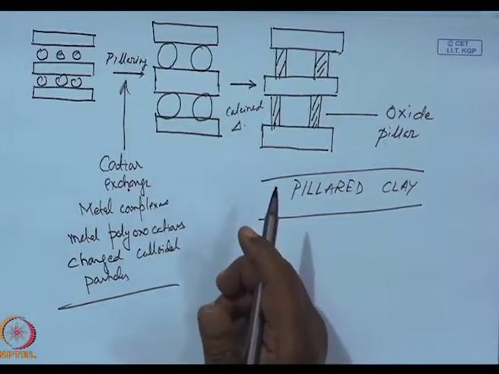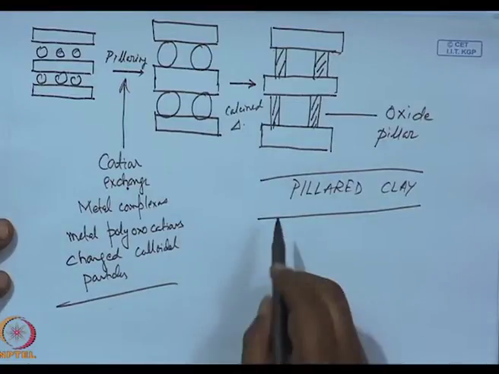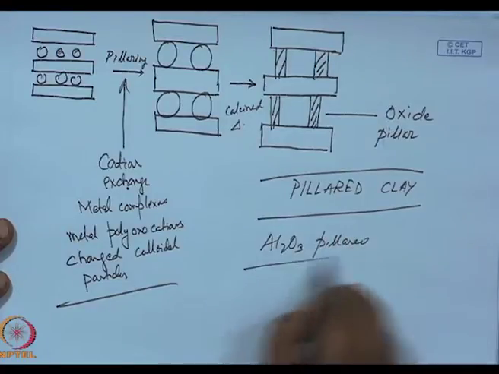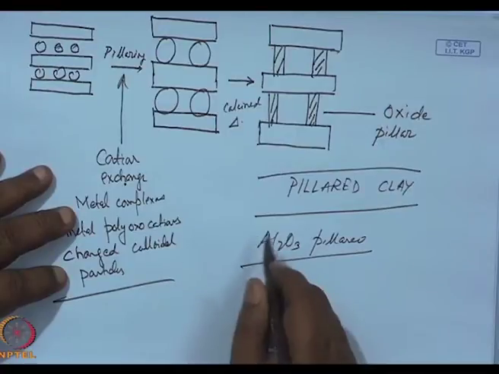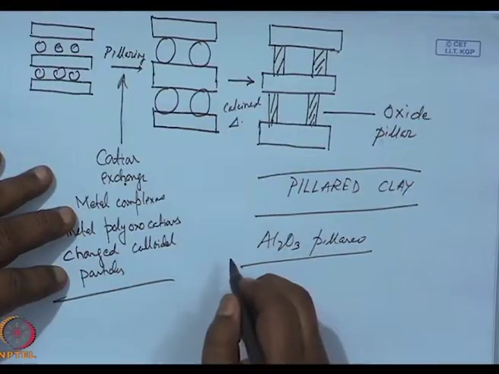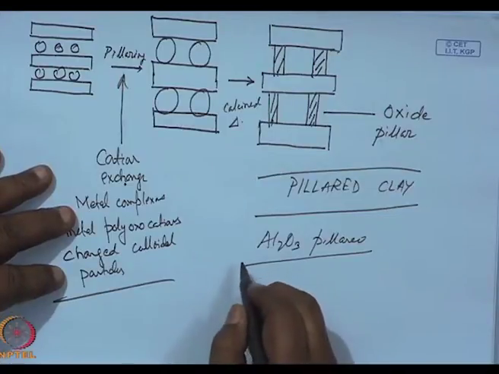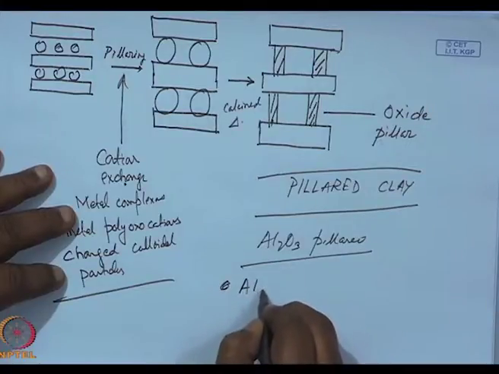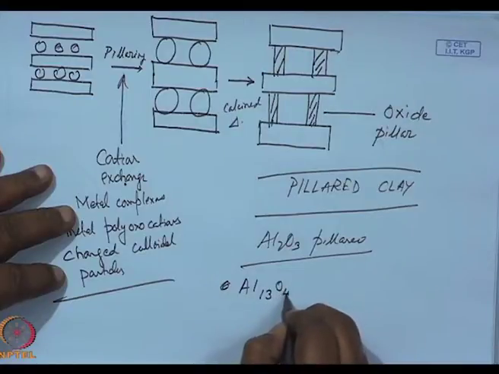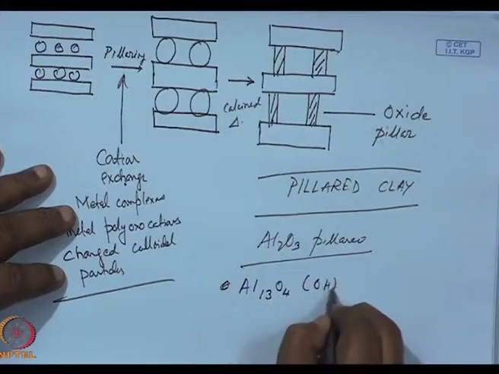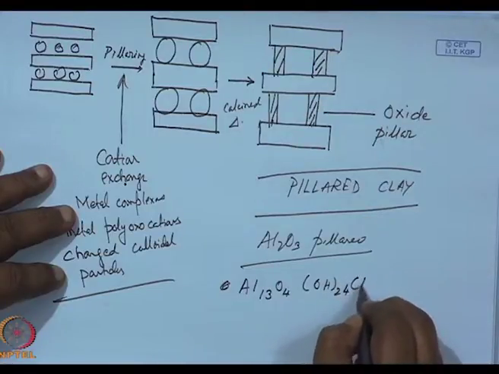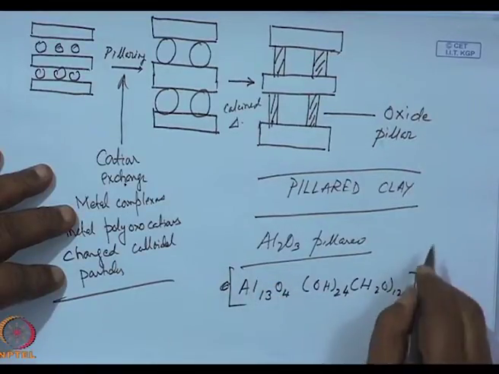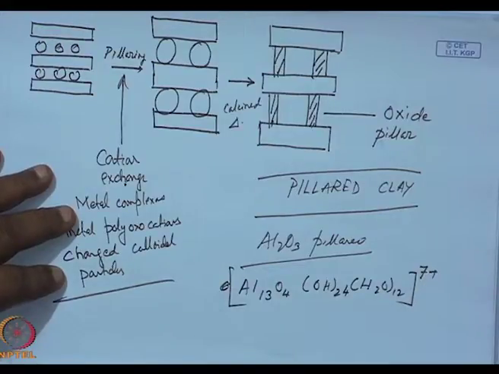The best known pillared clays are aluminium oxide pillared, which are formed by ion exchanging interlayer cations with Al13O4(OH)24(H2O)12 7+.